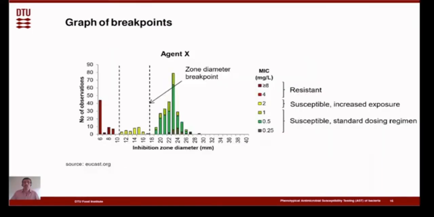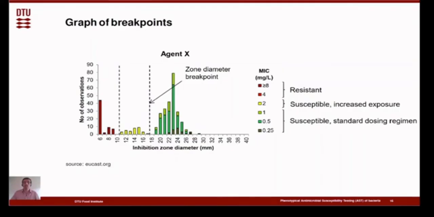And here we have a graph of these breakpoints that I have been mentioning. In green, we have what is called the susceptible, referring to the minimum inhibitory concentration. In red, we have the resistance. And this is the inhibition zone in the x-axis, referring to disc diffusion.